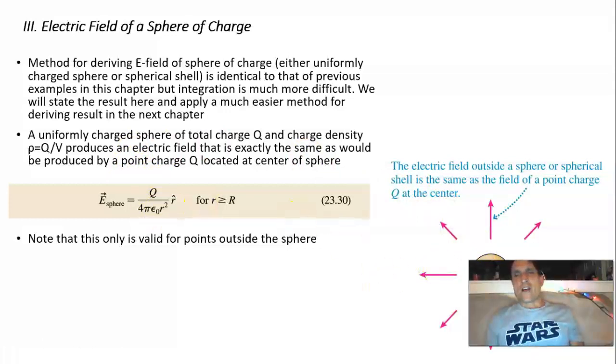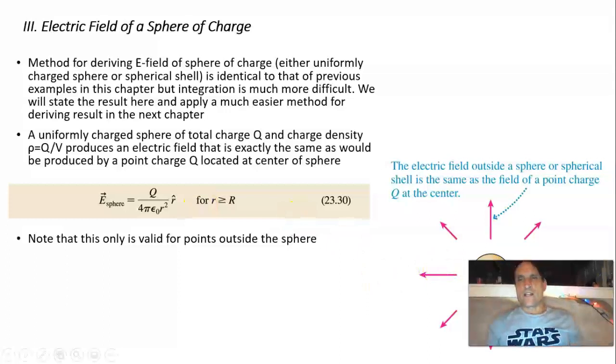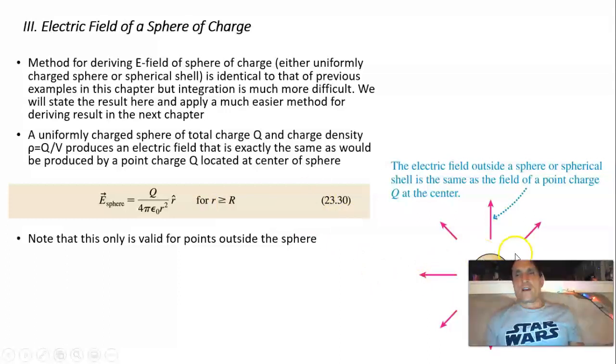And this is the exact same solution that we would get if all the charge plus Q were at the center of the sphere. In other words, the electric field produced by a sphere with charge plus Q spread over its surface is exactly the same as if you put all of the charge at the center of the sphere, a point charge of magnitude Q. So the field lines just radiate radially outward, so that's that unit vector r hat.